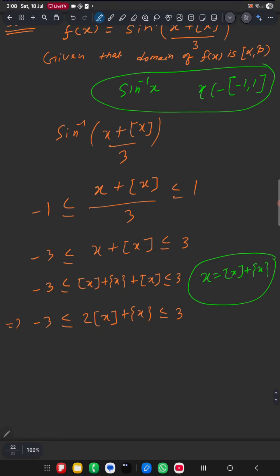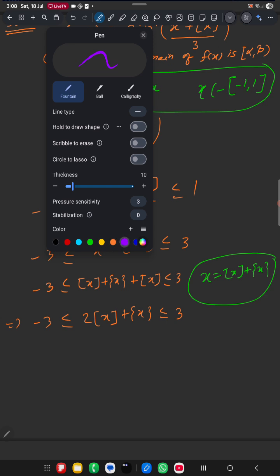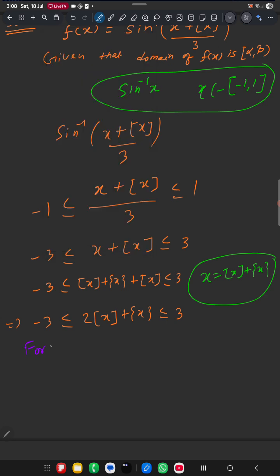Now we will find the upper limit and lower limit for x. For the upper limit, let us start.